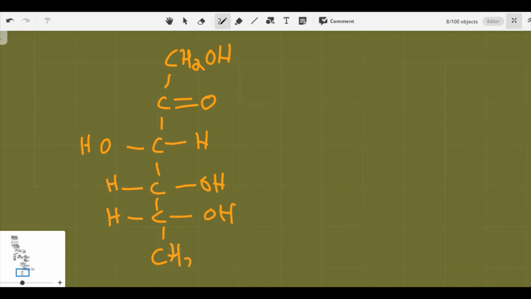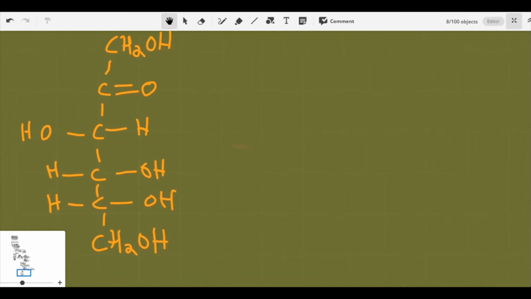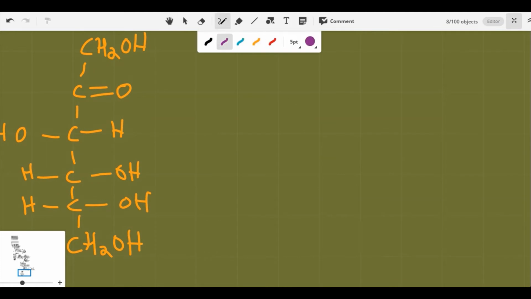The last one contains CH2OH. So that is known as D-fructose, and it is undergoing the cyclization. As you know, the furan structure is like that. The same type of structure is formed in the cyclization of fructose, making alpha D fructofuranose and beta D fructofuranose.